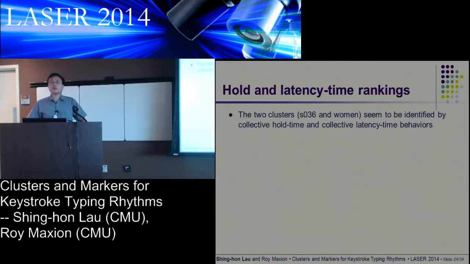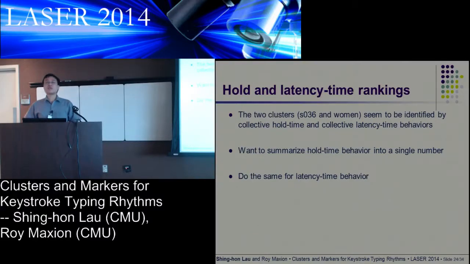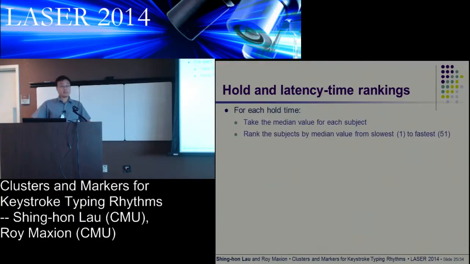And so what I want to do is summarize the hold time behavior into a single number, and then do the same for the latency time behavior. So for each hold time, I'm going to take the median value for each subject. So I'm going to have 51 median values, 1 for each person. Then I'm going to rank order the subjects by this median value, from slowest, which will be number 1, to fastest, 51.